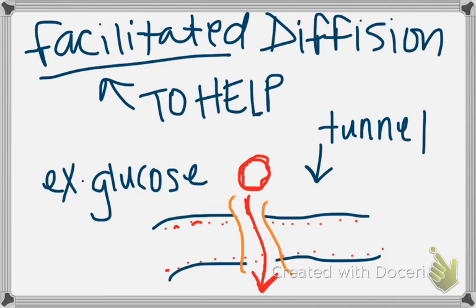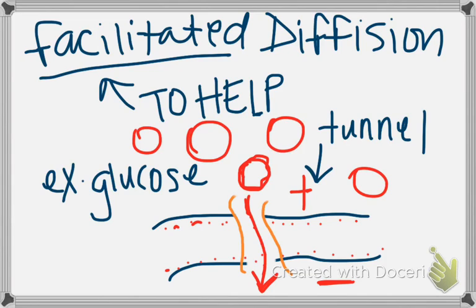So, same high concentration here, low concentration here. There's a lot of glucose out here. Maybe a little bit of glucose in here. There's more out here, so they're going to want to travel inward. But the only way that they're going to be able to do that is through this good old transport protein.